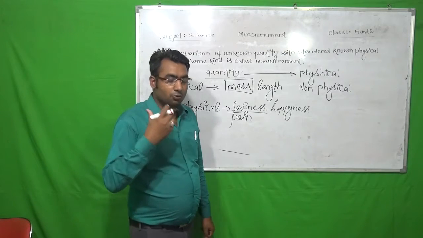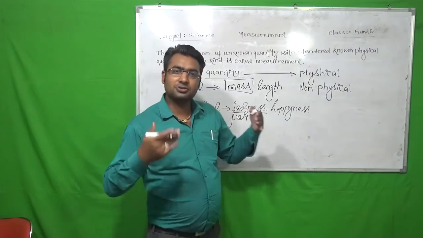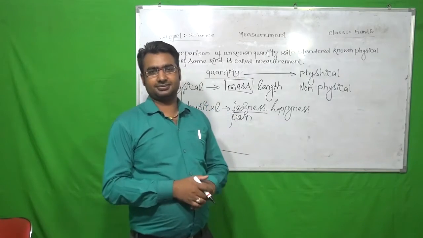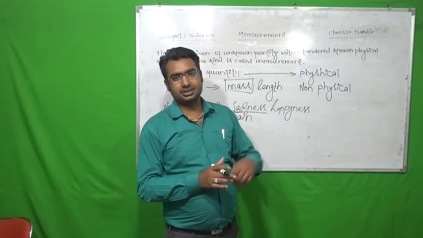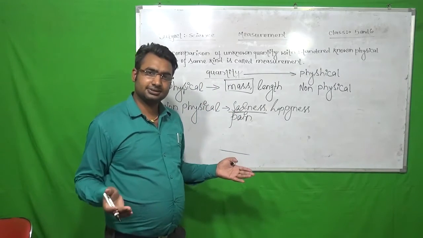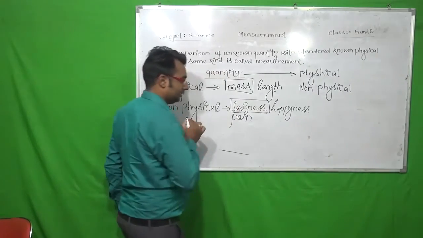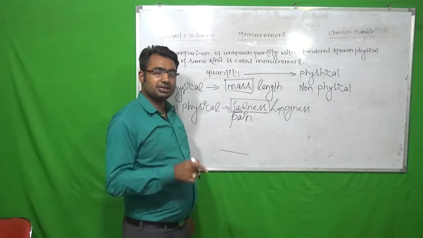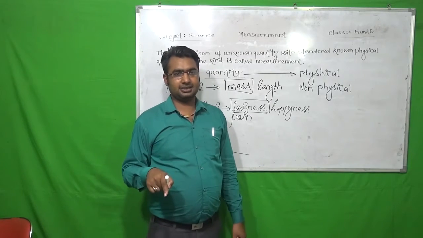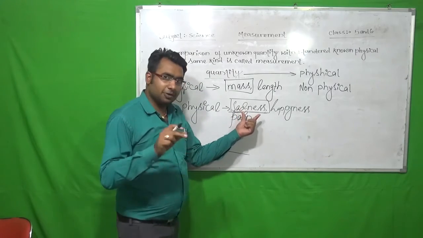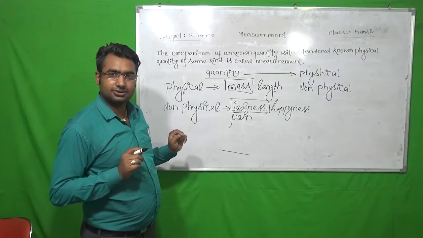If we ask how much are you sad today, what will be the answer? Very much, only a little bit. That's it. It means the sadness of any person cannot be measured by instrument, and nobody can say exactly, nor can it be compared with any type of unit.